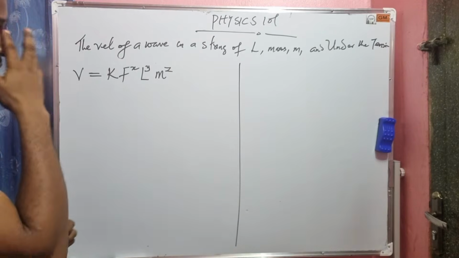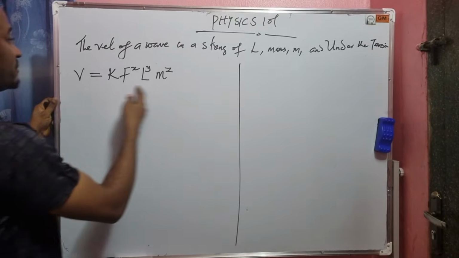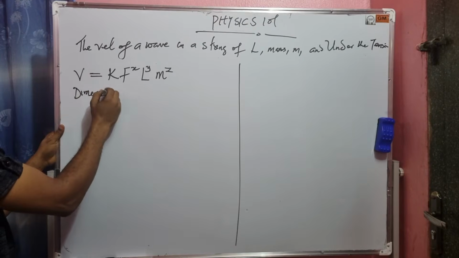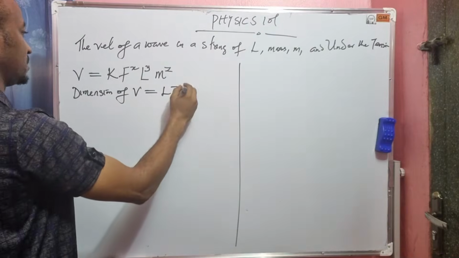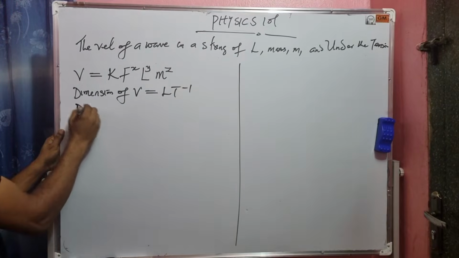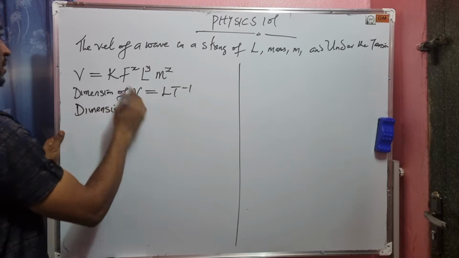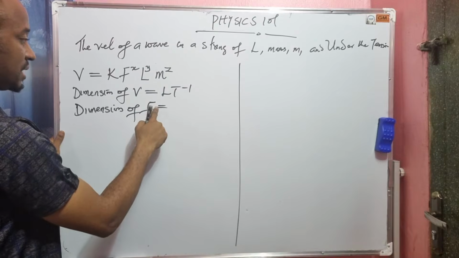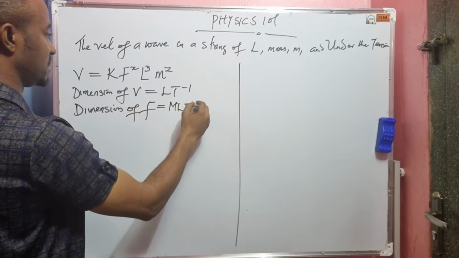So what we need to do is to bring out the dimension of each of these. Dimension of V is LT minus 1. By now we know what I'm doing, right? Dimension of force, of tension is the same as force, is actually MLT minus 2.